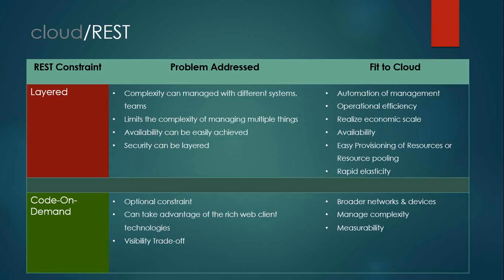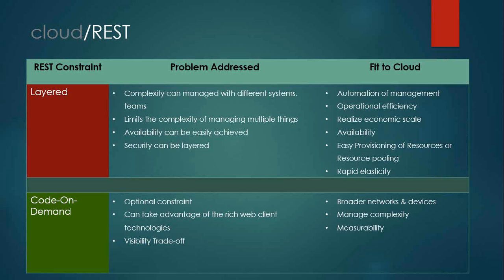It also allows you to incrementally improve the security within the system. Because of the uniform interfaces, we can change or improve the layers without affecting one another. All this benefits cloud applications very naturally and is the need of the hour for all the cloud service providers.